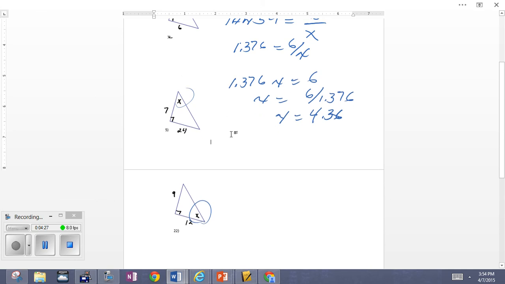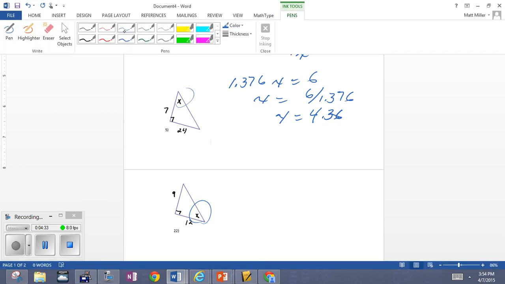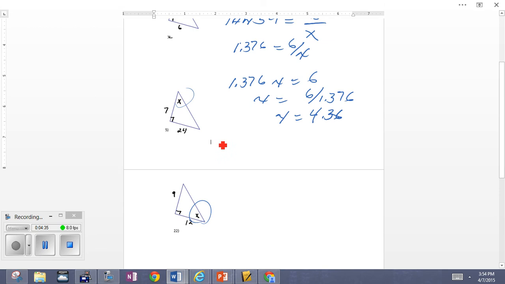Okay, setting this one up, relative to the angle at hand, I have the opposite and the adjacent. So I say the tan of x is equal to the opposite, 24 over 7.